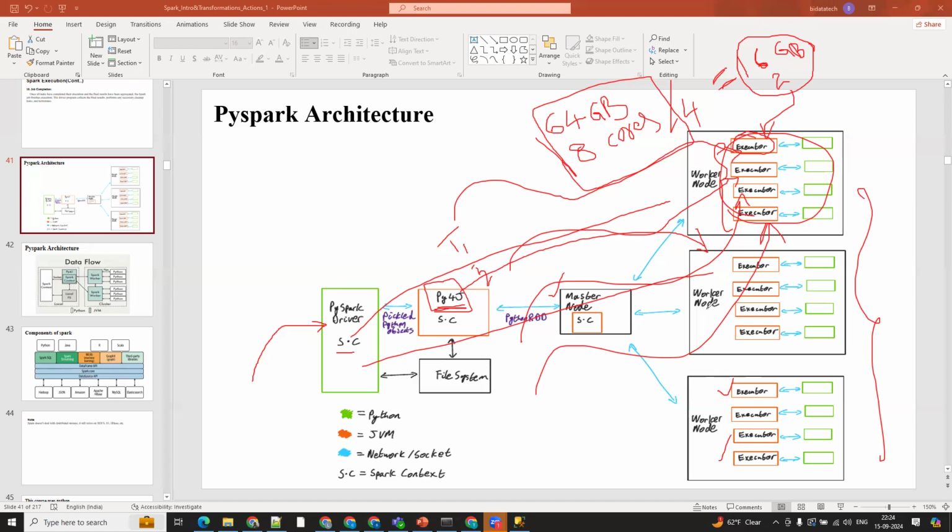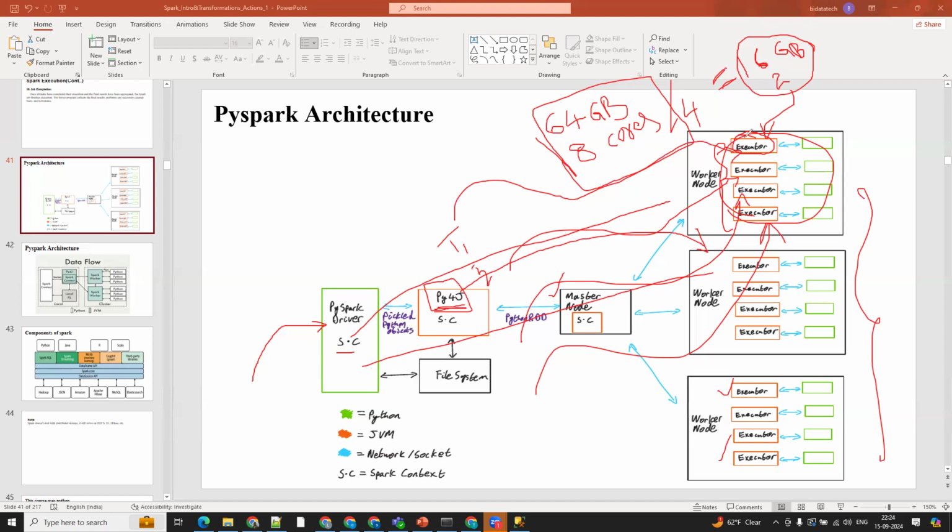So remember the point here. Your worker node internally can have containers. Each container we call an executor. Container is nothing but a logical division of resources, guys. Ultimately in this worker node, you have 64 GB and 8 cores only, and logically I'm dividing that.